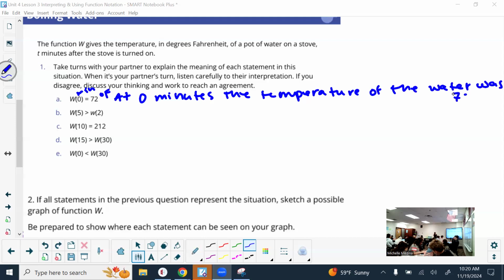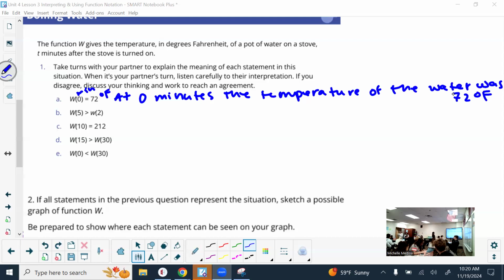Remember we're talking about the temperature of water in a pot on a stove. So at 0 minutes, which is essentially when it started, it said T minutes after the stove was turned on. That was the temperature. Good.